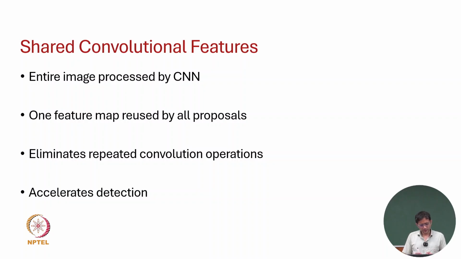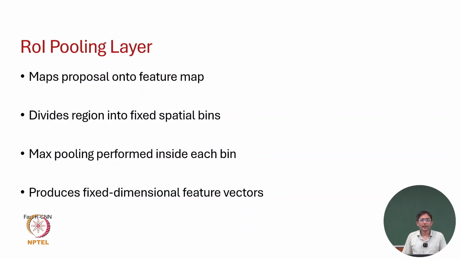Previously, it was for each RoI separately, each RoI was resized. Now this is for the entire image. But this doesn't really affect the computation. Thus, it's accelerating the detection process significantly. Think of running 2000 times versus just one time.